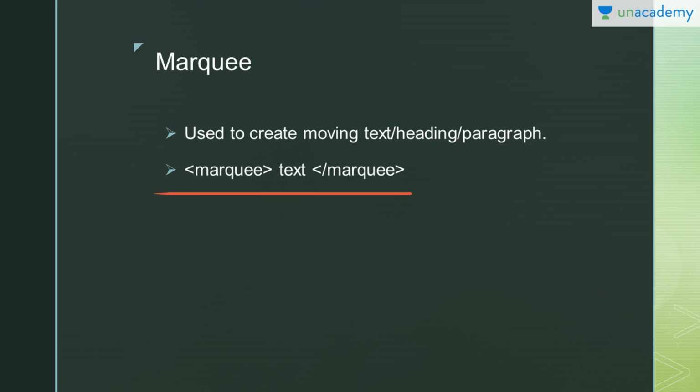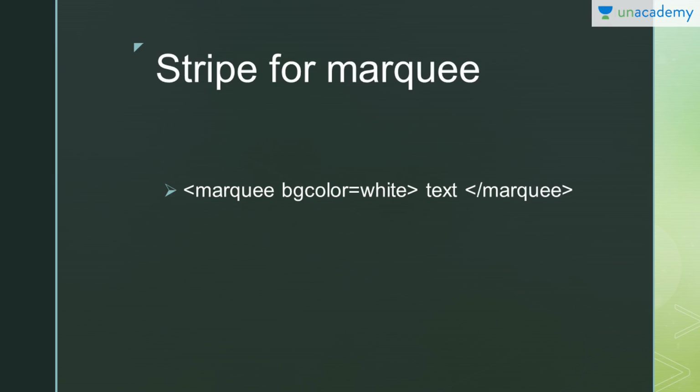And you must have seen that sometimes the stripes are also there, like in news channels. Whenever the news flashes, it flashes on a stripe, sometimes colored red or blue, any other color, right? So that can also be done here in HTML using bgcolor, that stands for background color.